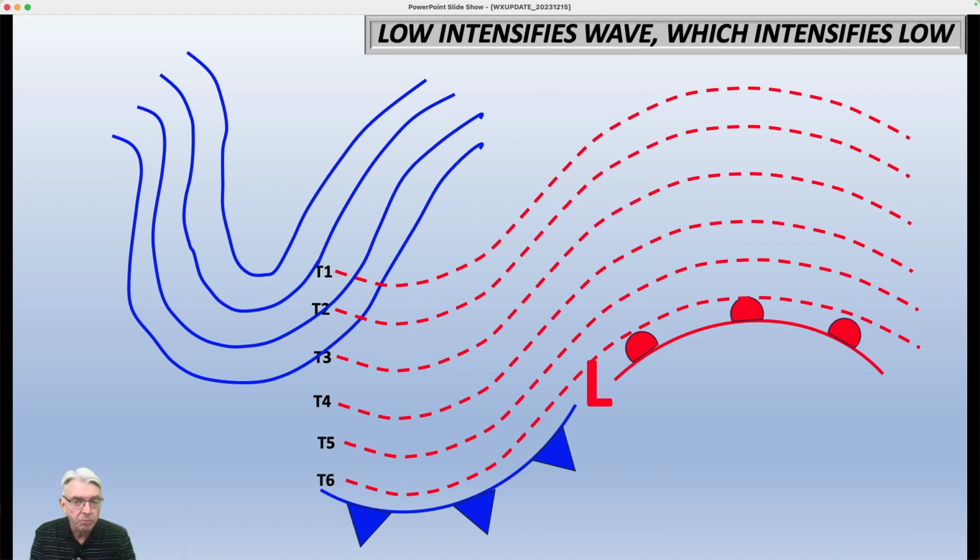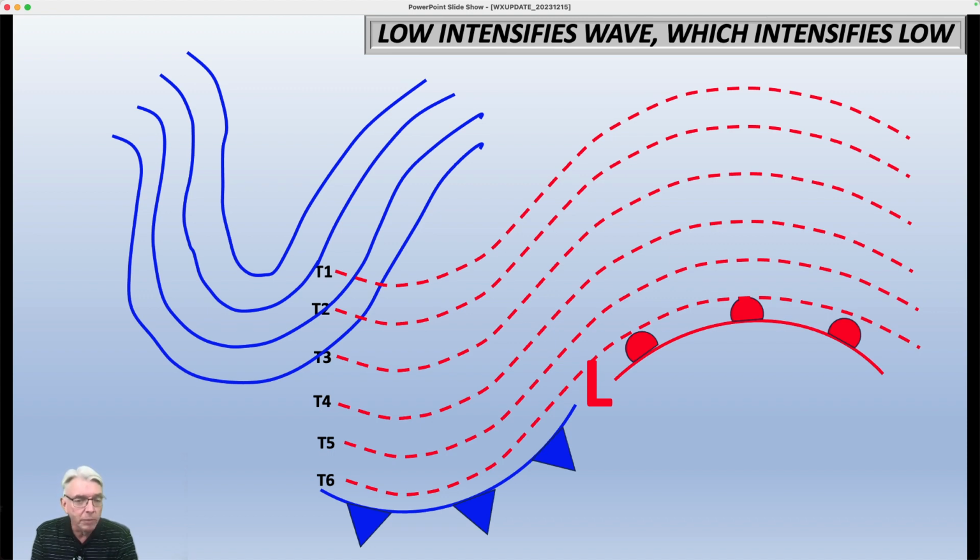Now eventually, what happens is that the low will actually migrate back into the cold air, so it no longer is along the zone of temperature contrast, and at that point it's pretty much lost its source of energy, and so the pressures begin to rise in the middle of the low, and the low weakens.